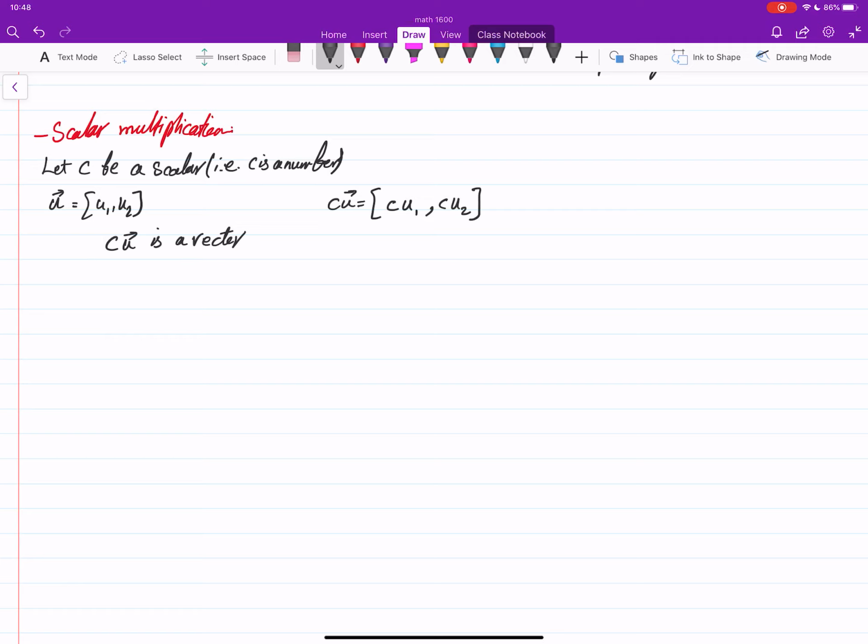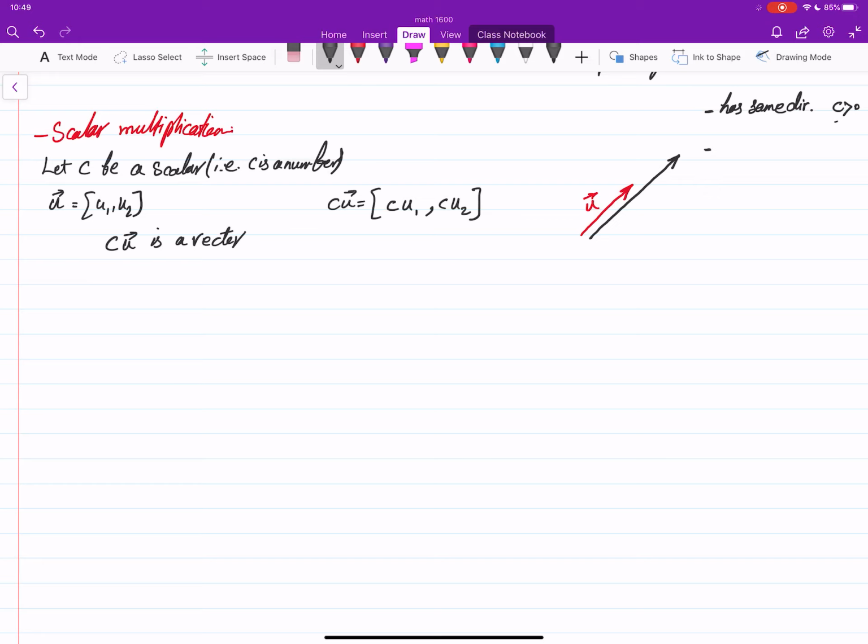How about the geometric meaning of that? If I have u like this, then when you multiply u by a positive number c, the result will be a vector which has the same direction, but its length depends on c.